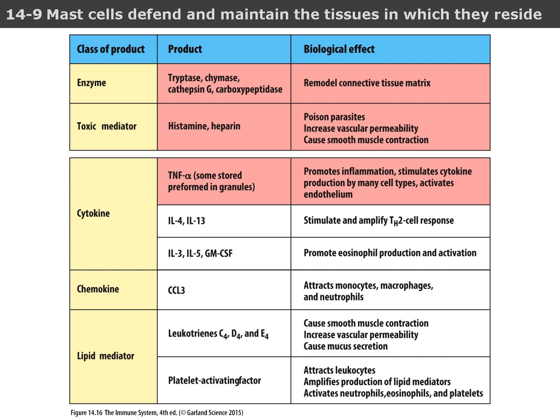Chemokines such as CCL3 attract monocytes, macrophages, and neutrophils. Lipid mediators like leukotrienes and platelet-activating factor cause smooth muscle contraction, increase vascular permeability, and recruit additional immune cells. These coordinated responses protect and maintain tissue integrity during infection and injury.